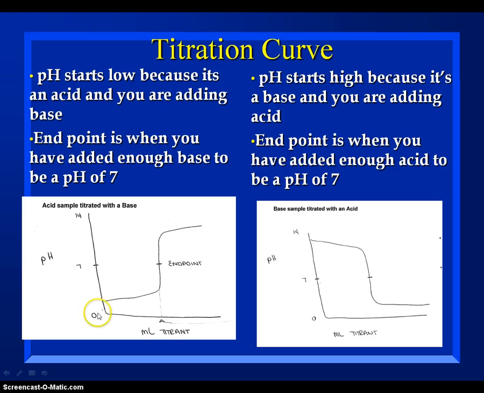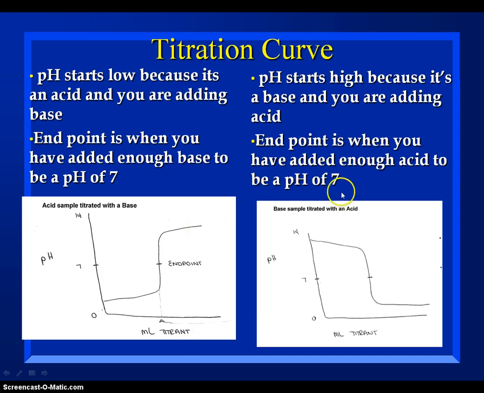It's going to start with a low pH, and as we add base to it, the pH slowly starts to increase, and the point at which it reaches a pH of 7 where it's neutral, the neutralization has happened, that is called the end point. Now if we continued to add more base, then our phenolphthalein would become more and more pink, and the pH would increase up until we get close to 14.